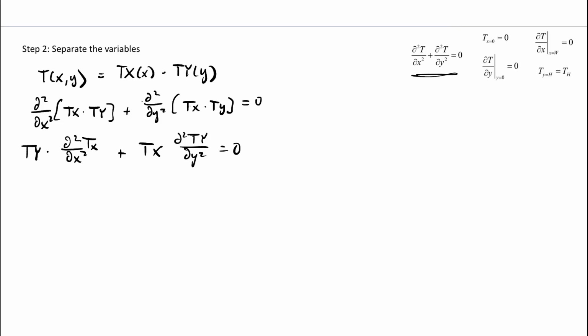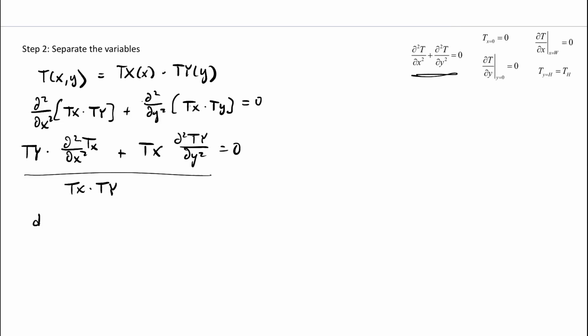Next, we're trying to get all the y stuff on one side and all the x stuff on the other side. So let's divide this whole thing through by Tx times Ty. Then on the left-hand side we end up with stuff that's just a function of x.